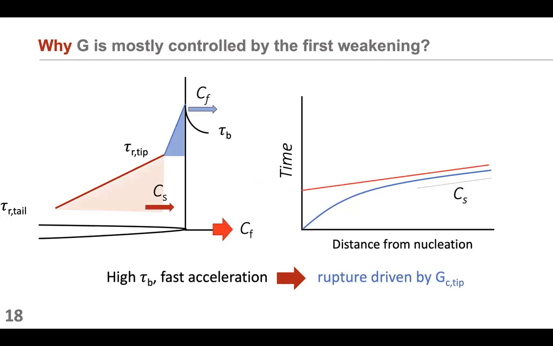And because of that, the information of the second weakening stage that occurs after these strong accelerations doesn't have time within our rupture time to catch up with the first rupture front that propagates initially because of the first weakening stage.